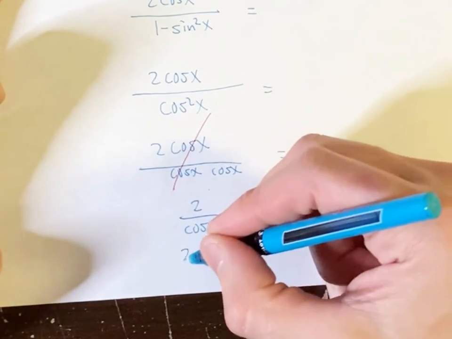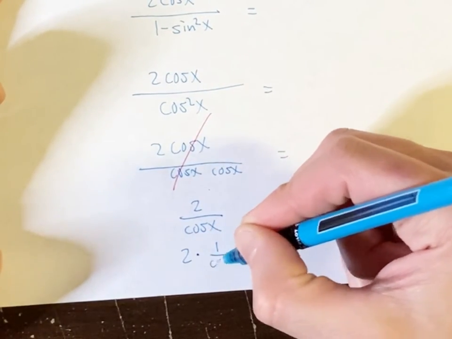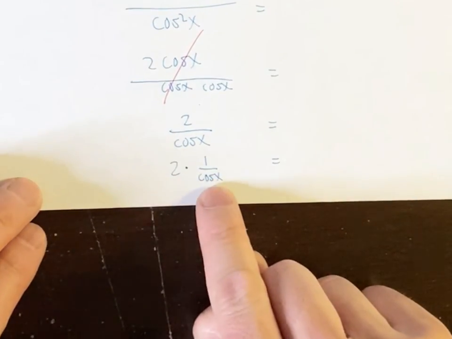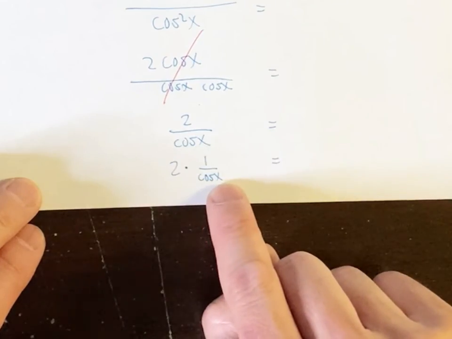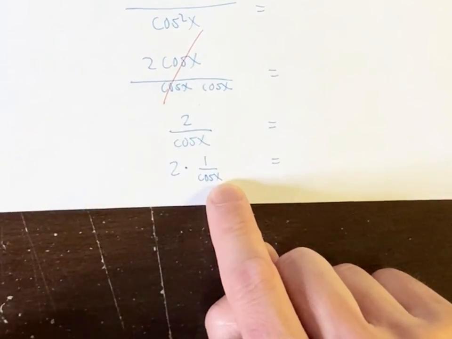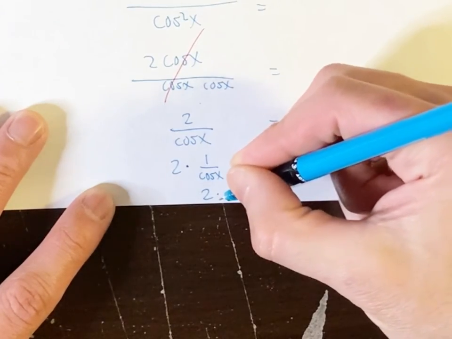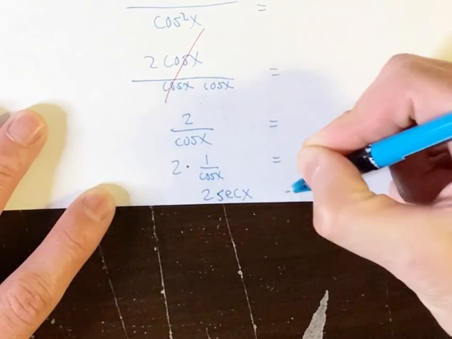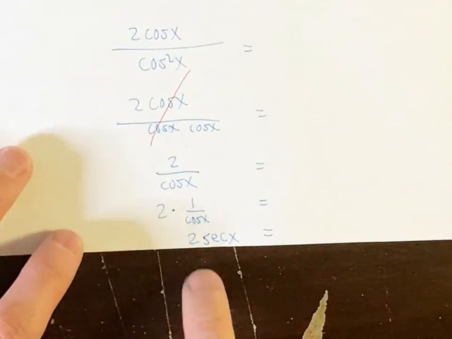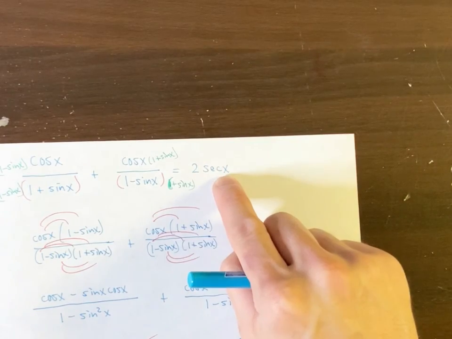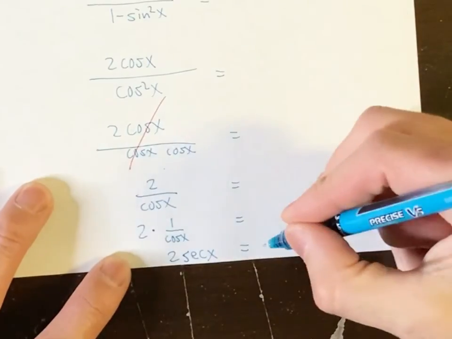You can write this as 2 times 1 over cosine. Is that right? 2 times 1 over cosine. You can pull the cosine from the bottom off to the side. And the reason I did that is because 1 over cosine is the definition of secant of x, if you look at your cheat sheet. And so we did all this crazy math and we got 2 secant, and that is exactly what we wanted it to become. We're done.